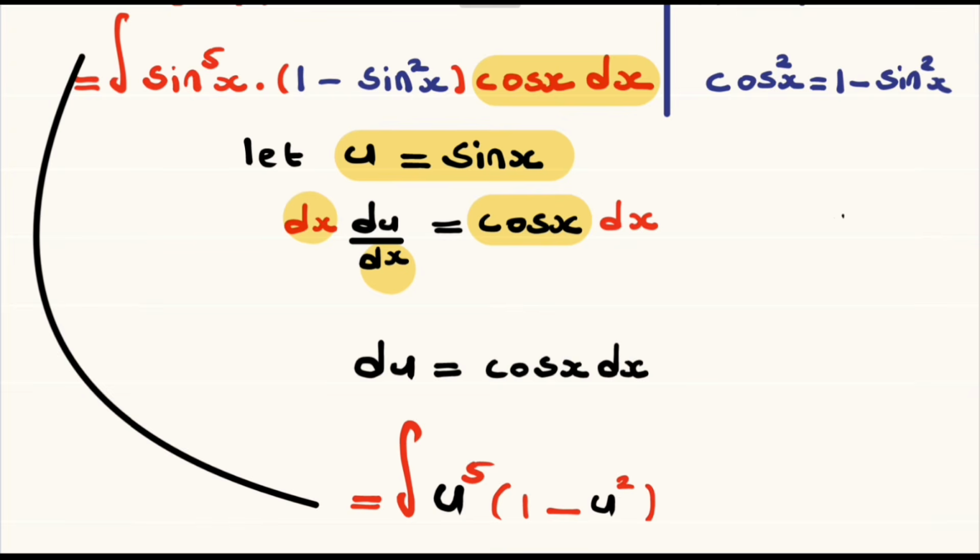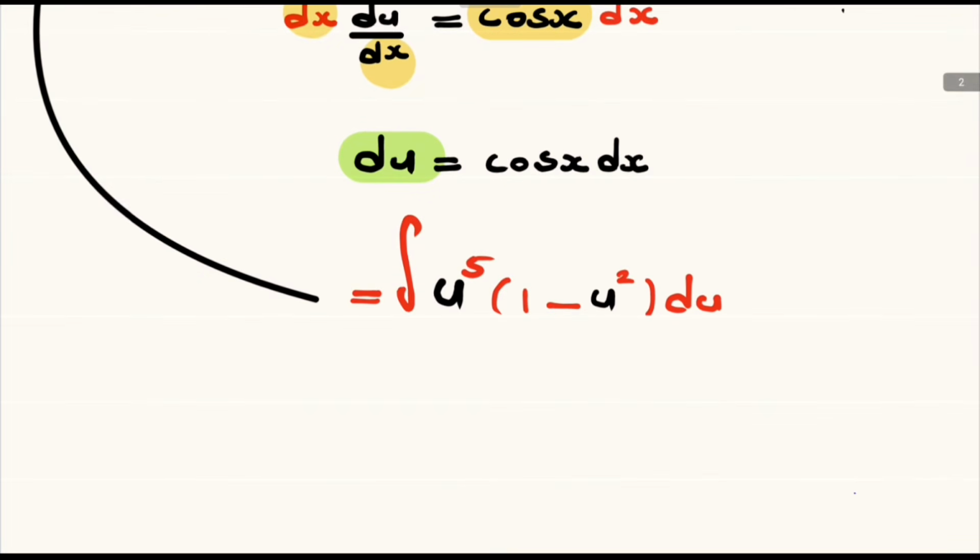Since the sine is raised to the power 2, then the u will be raised to the power 2. And in the place of the cos x dx, we are going to substitute the du, since the du is equal to cos x dx.